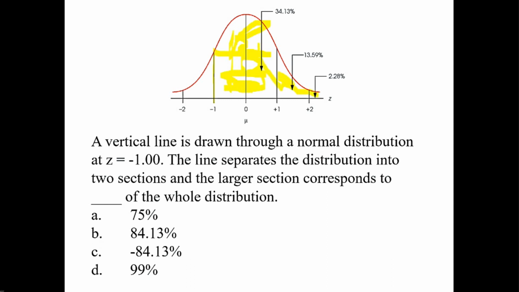We know that 50% scored better than the mean, and then we know that this area is 34. So again, 50% scored above the mean, and then another 34% scored in this area here. So that gives us a total of 84% of people. So the answer is B.